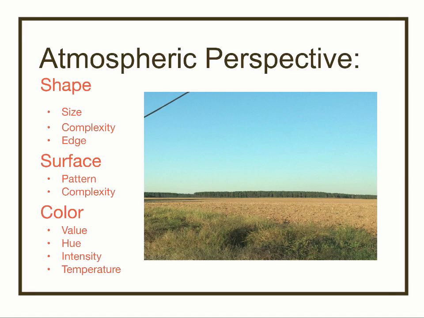Sometimes you'll hear people say that you go from dark to light or light to dark as you go back into space. Usually they say dark to light. That's an oversimplification, and it's one I've heard a couple of people talking about in the forum or having questions about on Facebook. You do not go just from dark to light as you go back into space. The value doesn't change that simply.